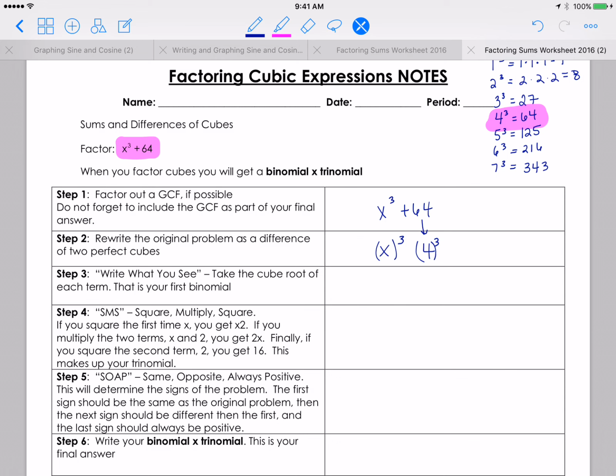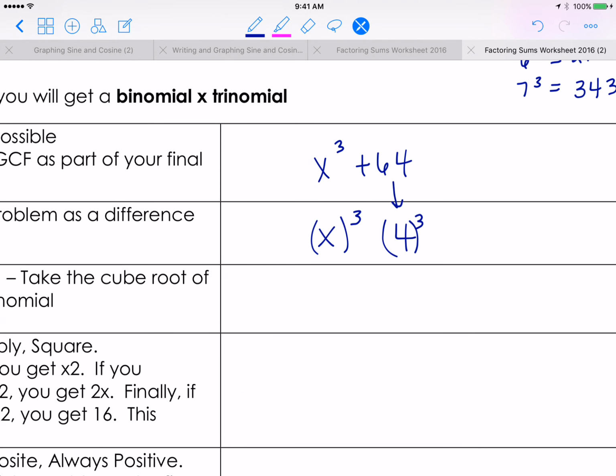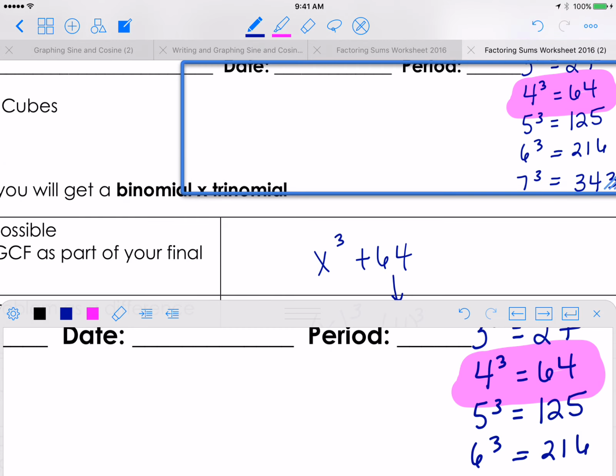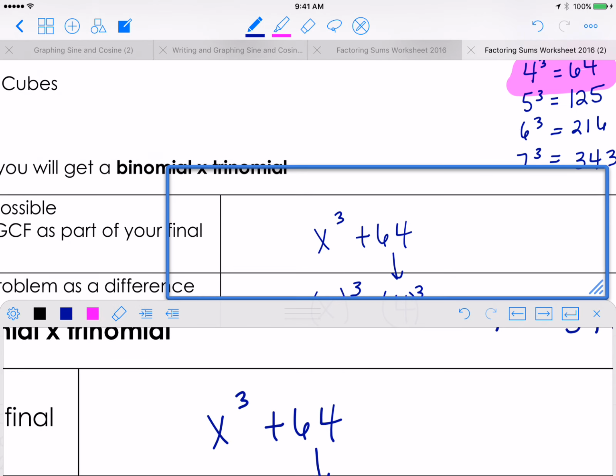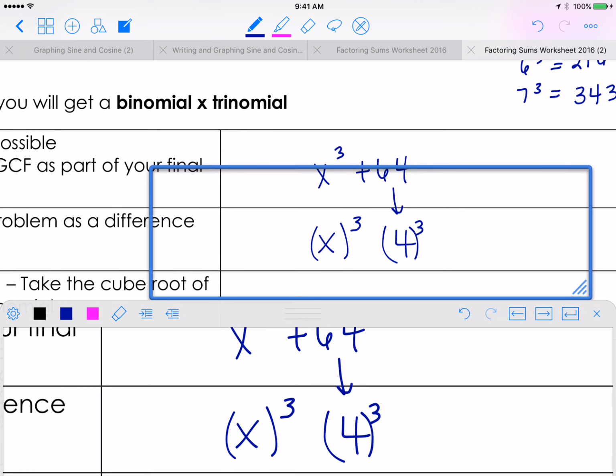The third step is what we call write what you see, because you're really taking the cube root of each term in your only binomial that you have here. I'm going to zoom in on this part right here so that I can write a little more clearly.